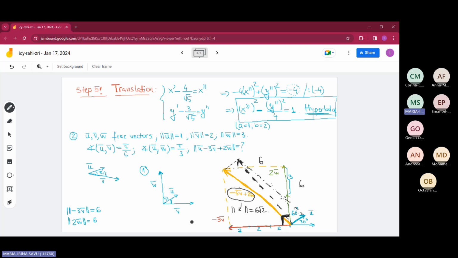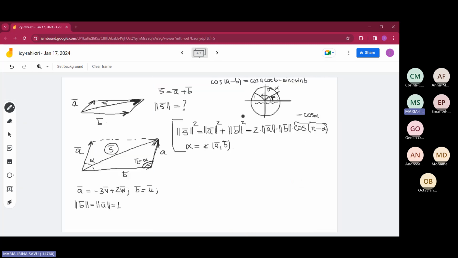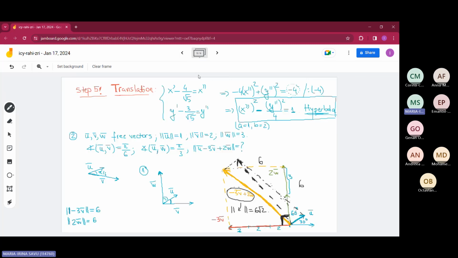And in the second case, when W comes here, you won't have a 90 degrees angle. But instead of finding the length in each case by following the image, I'm going to use the same formula for the first case and the second case to find the length of this vector.